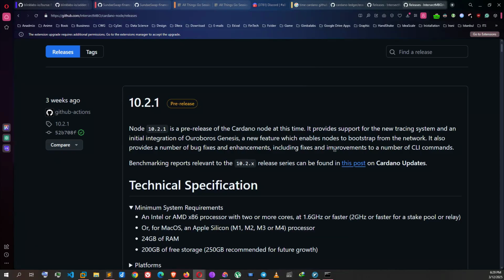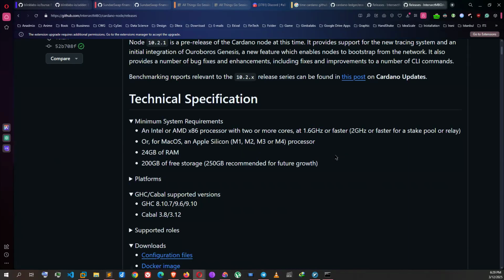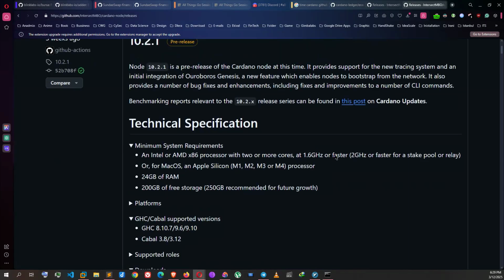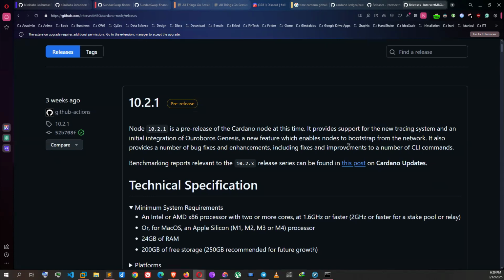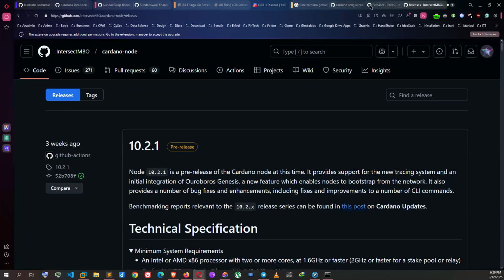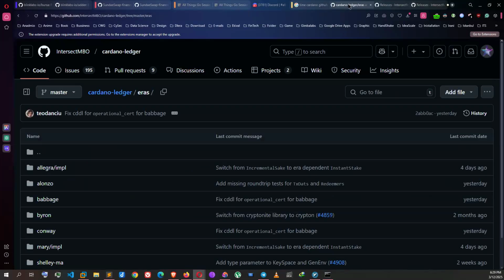By major changes, I mean, for example, Voltaire version 2, Voltaire version 3, governance, decentralization of the treasury, voting, etc. So these are eras.